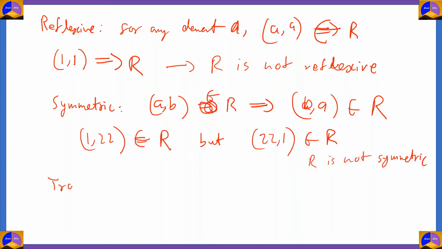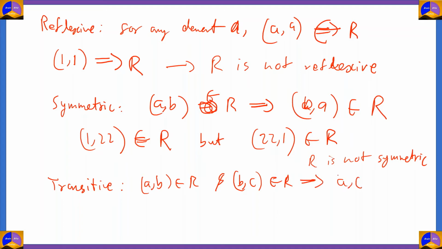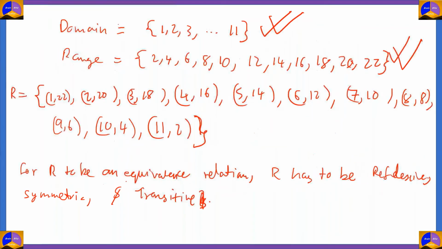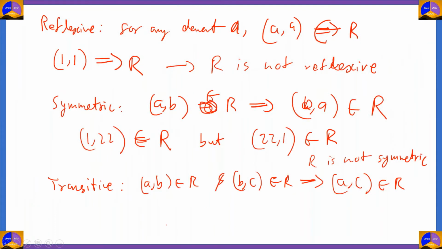What about the third property, transitive? For R to be transitive, if A comma B belongs to R and B comma C belongs to R, that should prove that A comma C also belongs to R. But in this relation, suppose we take 2 comma 20, then there is nothing called 20 comma something. So we cannot prove that R is transitive, and it is not transitive.